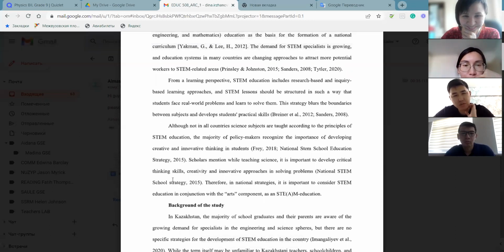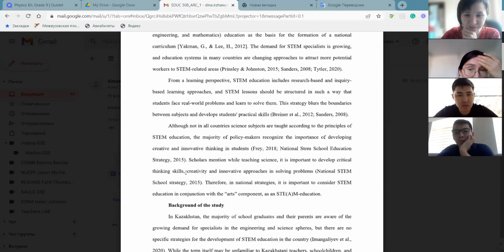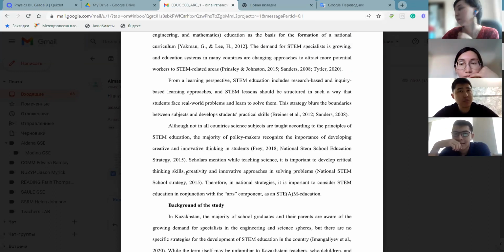I'm not sure why I chose this formulation. Maybe it's from a teaching perspective. No, I wanted to say that when you are learning something, you should use these kinds of tools, I mean research-based or inquiry-based learning approaches. I wanted to focus readers' attention on, how to say, making them feel what it is like to be a STEM student.